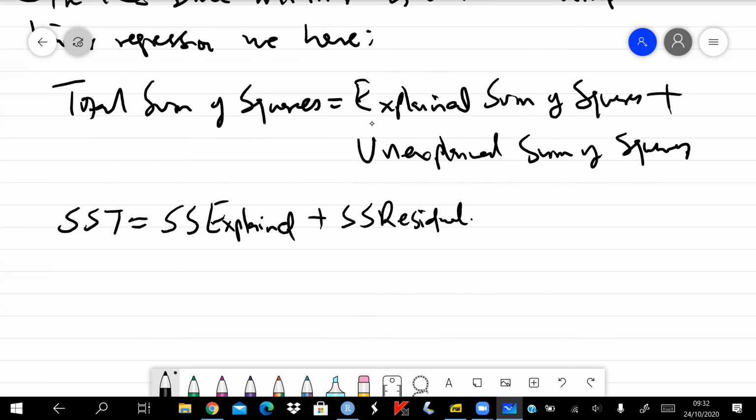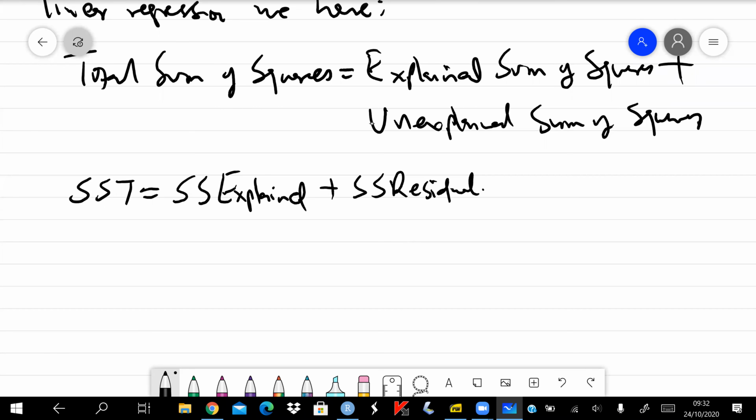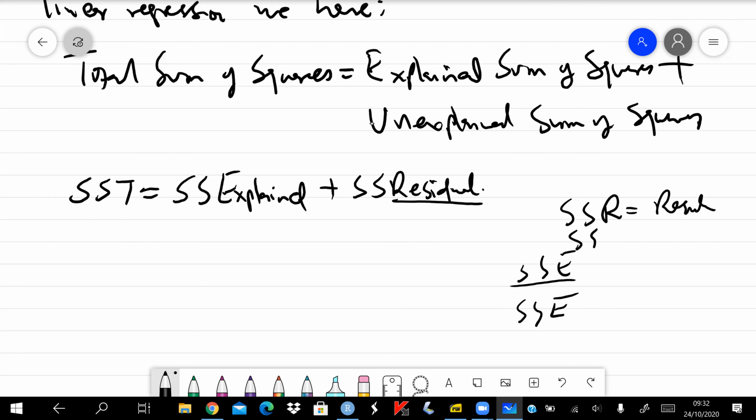Remember, the residual is sometimes called the error. If you use SSE to mean SS due to the errors, somebody might confuse it with the sum of squares explained. The same case with SSR: if you use SSR to mean the residual, somebody might use SSR to mean the sum of squares due to regression, while the regression is the explained variation. So to avoid confusion, I'll keep it like that.